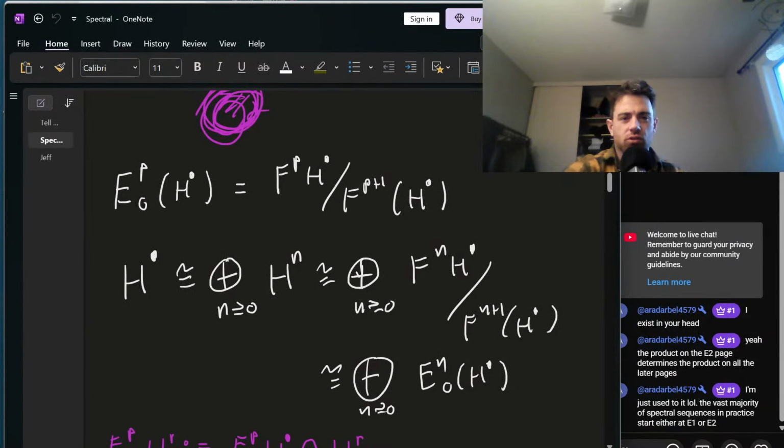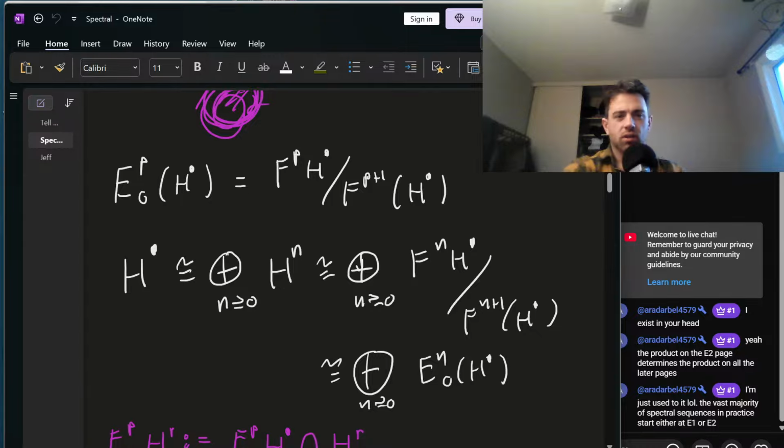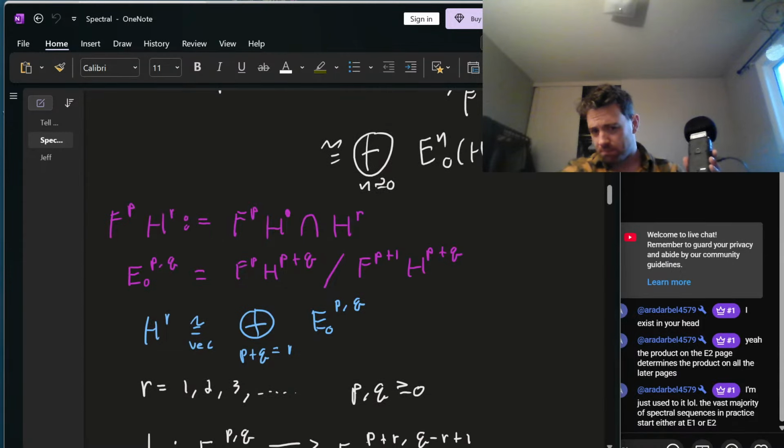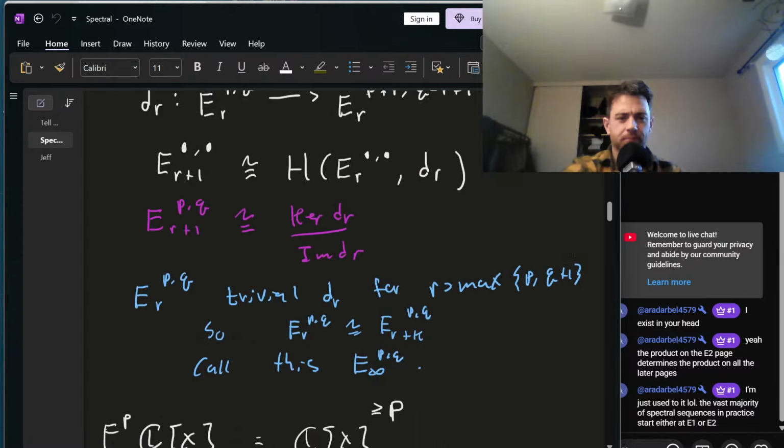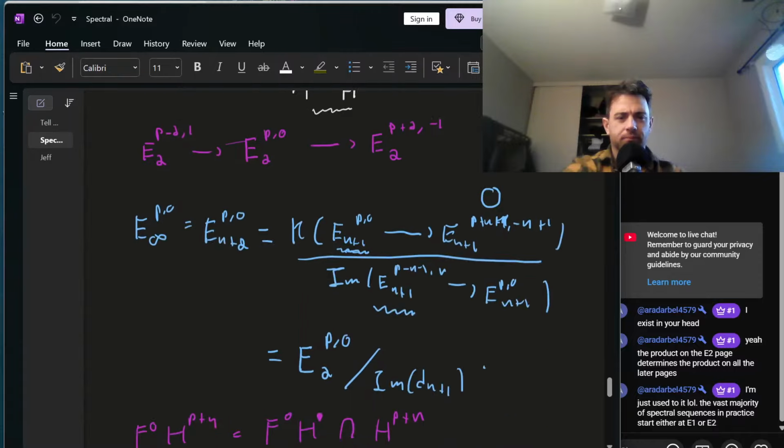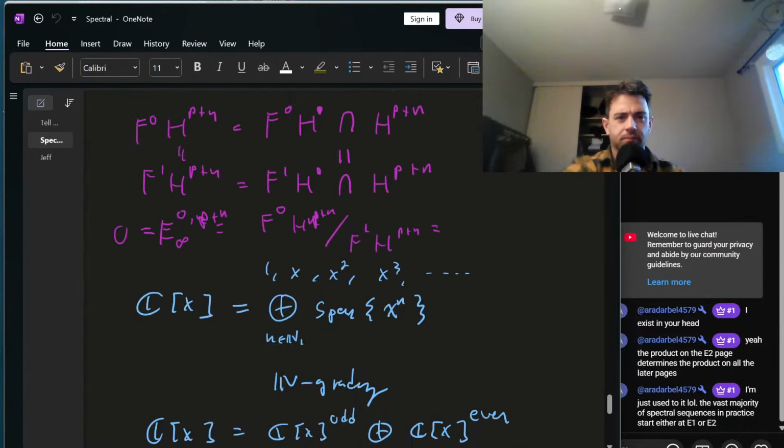That's if we have p in one component. I think if we have a q in the second component, we sum over all q. Something like that.